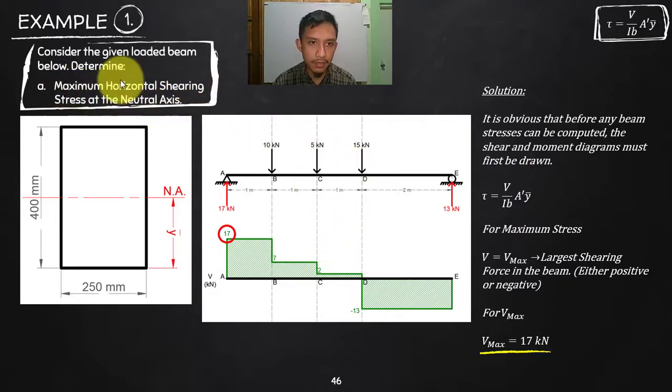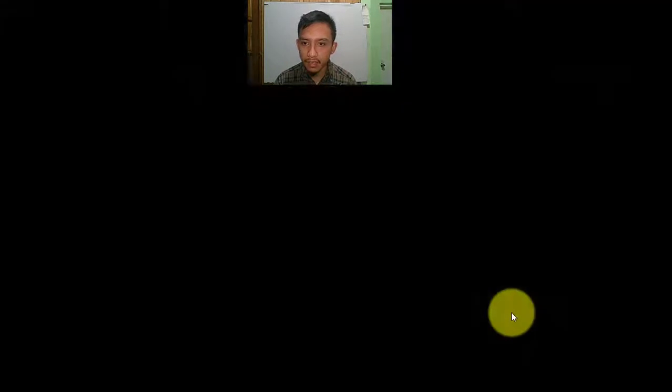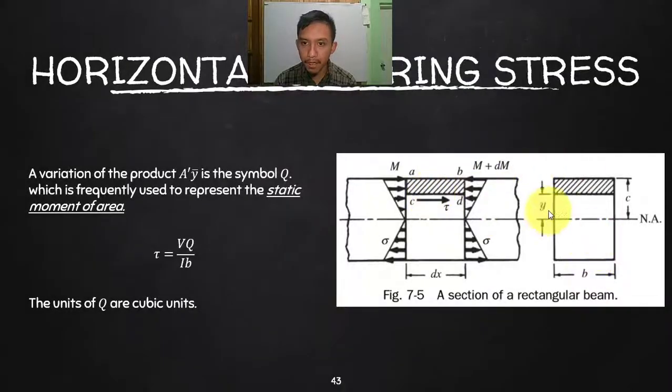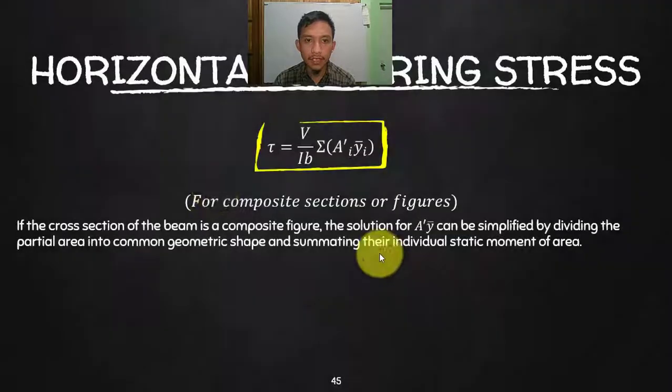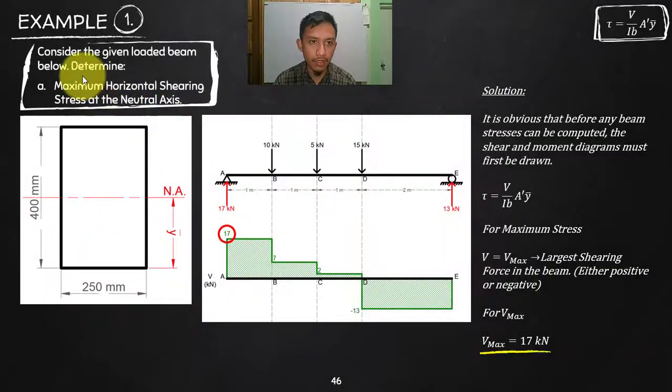Again, that's why I explained a while ago that we will have our maximum horizontal shearing at the neutral axis, because if you consider the entire part on top of the neutral axis, the area is bigger compared to a small area close to your extreme fiber. So that is where we will find the maximum, on your neutral axis.